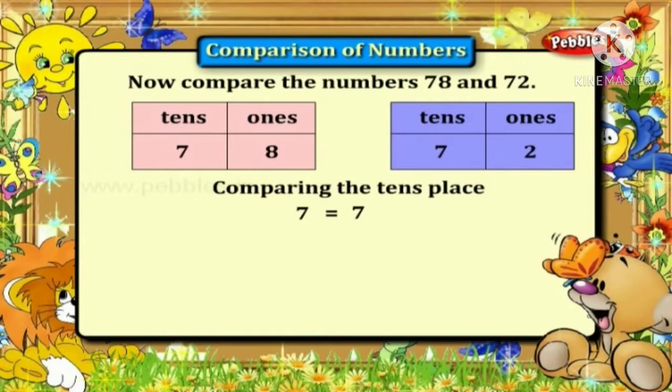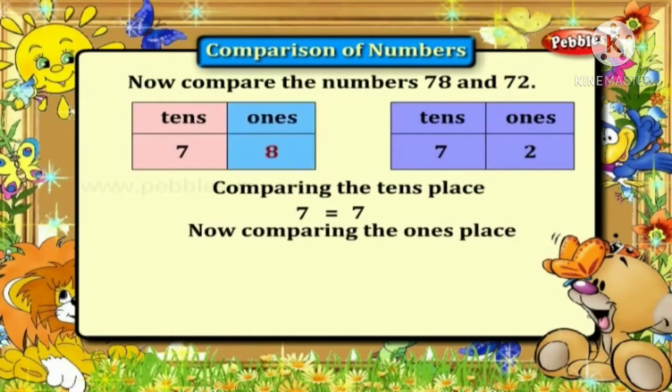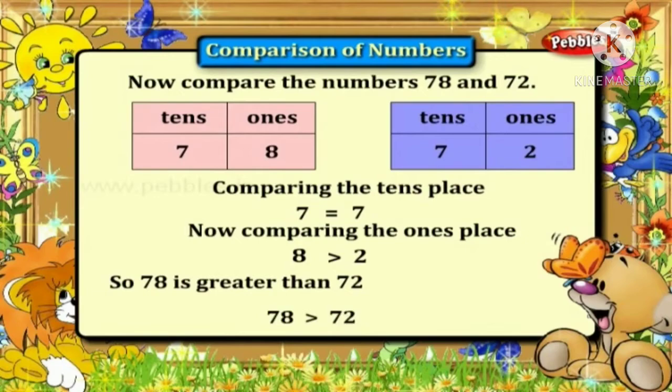So we now have to compare the numbers in the ones place. In 78, 8 is in the ones place, and in 72, 2 is in the ones place. Compare the numbers in the ones place. 8 is greater than 2. So 78 is greater than 72.